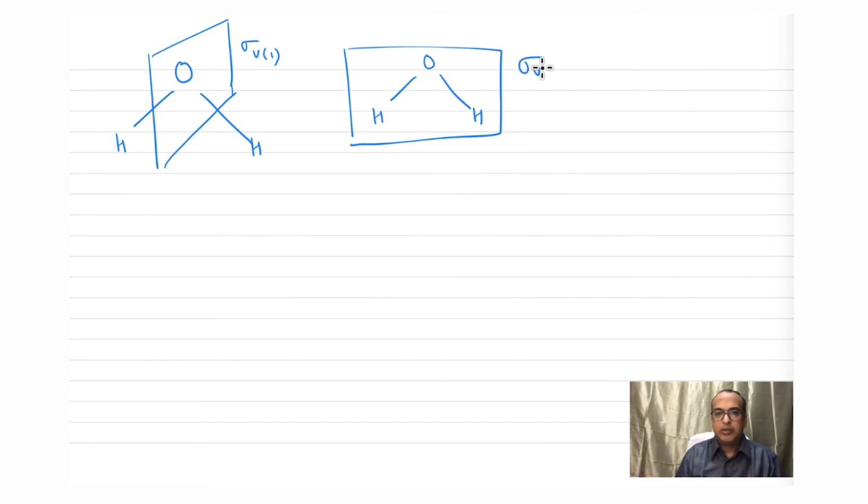This will be called sigma V2. Now this will not be called sigma H because it is not perpendicular to the principal axis, right? Because both the planes are containing the C2 axis here.